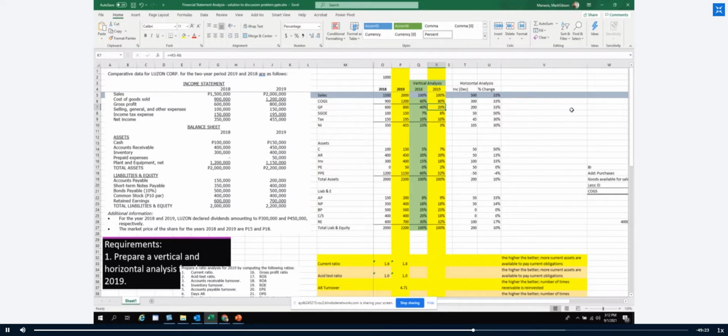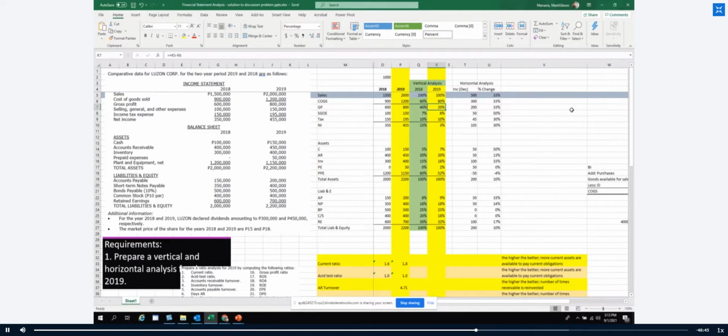As financial managers, we need to be informed about the causes of those increases, especially in our costs and expenses, so that we'll be able to strategize and recalibrate our operations to make sure that in the future we'll be able to manage our resources well. So that's how we use vertical analysis.